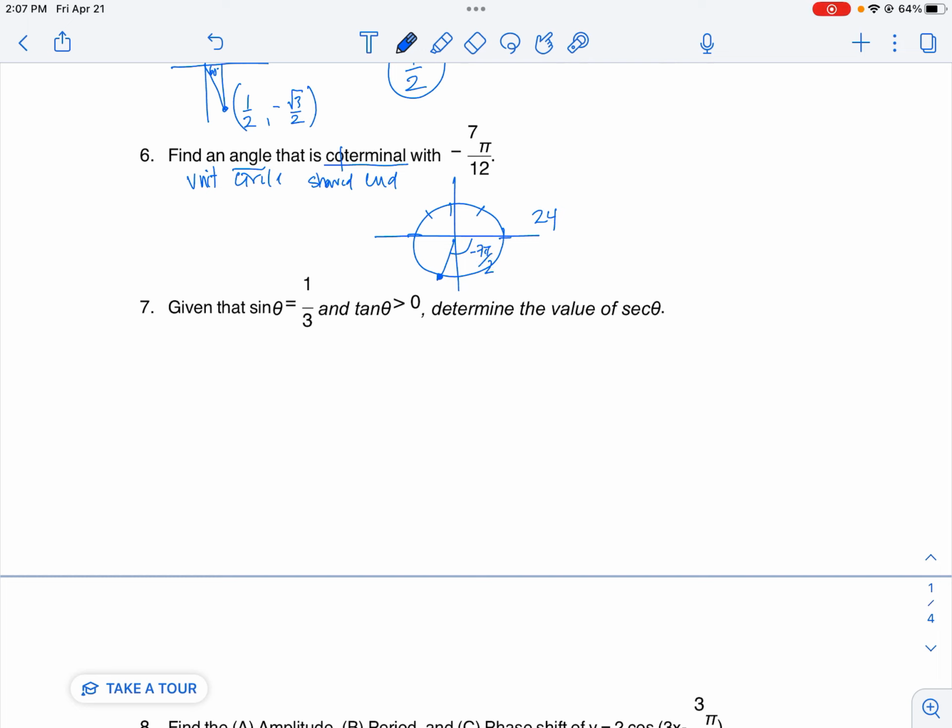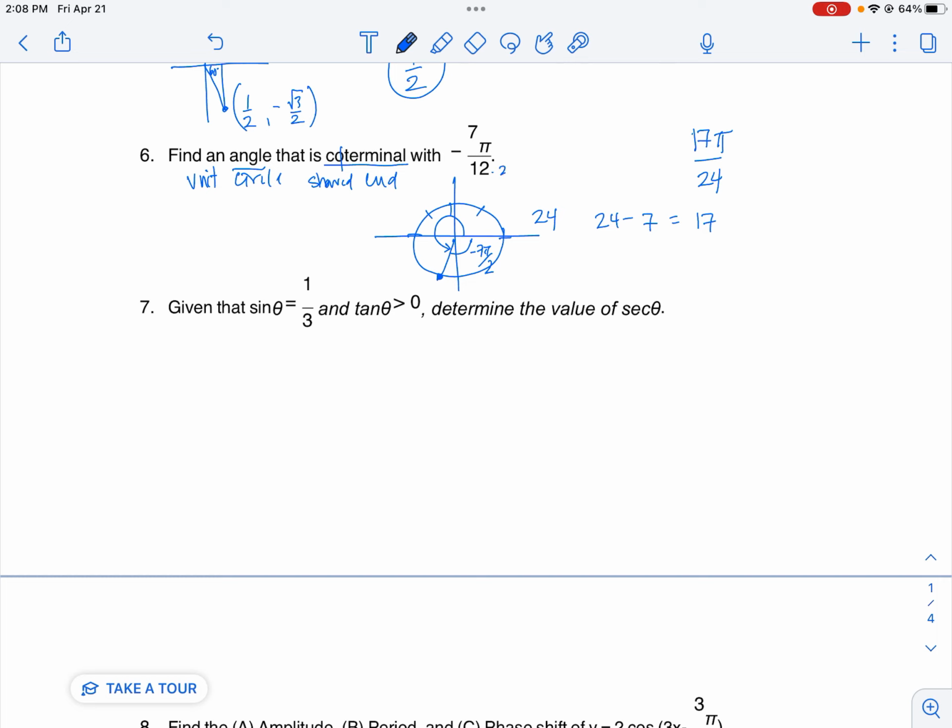Well, how would I get the rest of the way here? That would be going 24 minus 7. Does that make sense? The whole minus the rotation that I've done would be 17. So I'm looking at a rotation, or a radian length of 17 pi over 24.